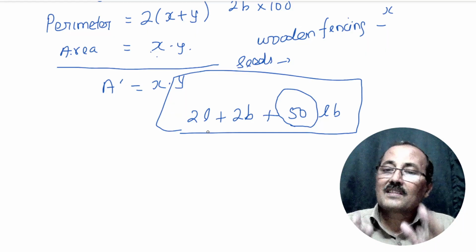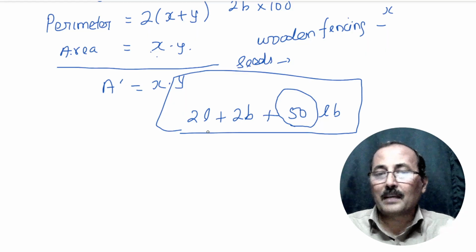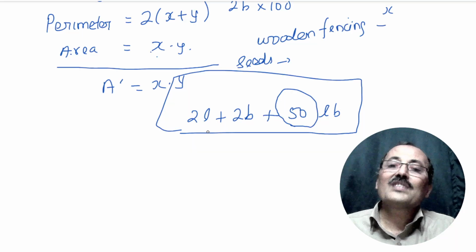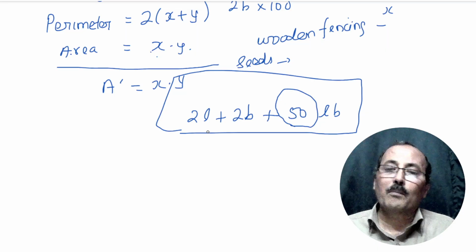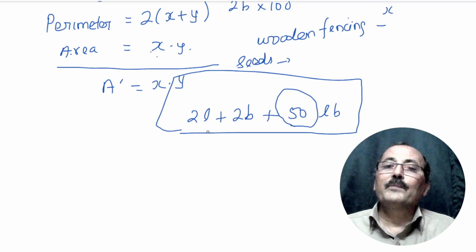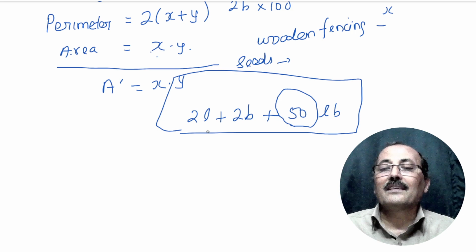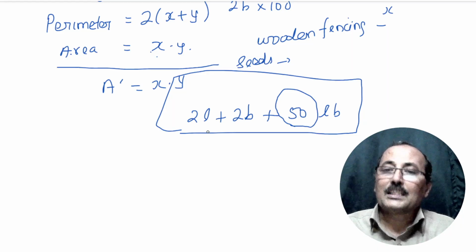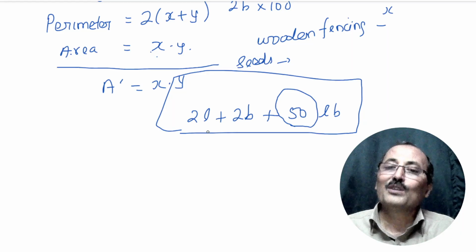Here we are considering x and y. Sometimes you'll consider z, a, b, c, any variable you can consider. Sometimes you will use L and B, because length equal to L, breadth equal to B in formulas. Suppose area of the square, A square, why? A into A. The formulas are developed based on this algebraic expression only. You know the familiar formula, a plus b whole square equal to a square plus b square plus 2ab.